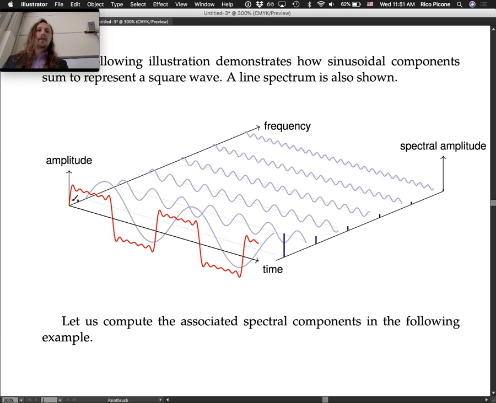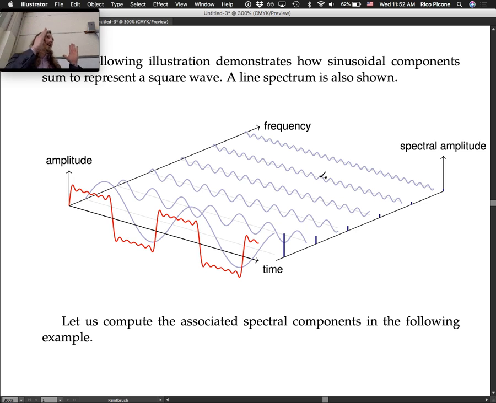And then you can think of this frequency dimension as describing the frequency domain way of thinking about this signal. It has different amplitudes. So this fundamental frequency is pretty dominant in the square wave, right? It composes a lot of it. And then these higher frequency ones help tighten up that square, right?